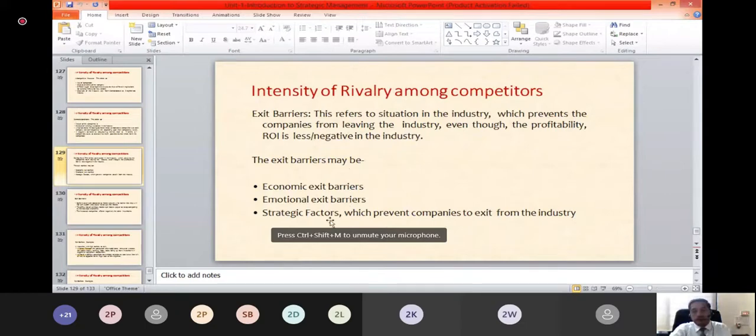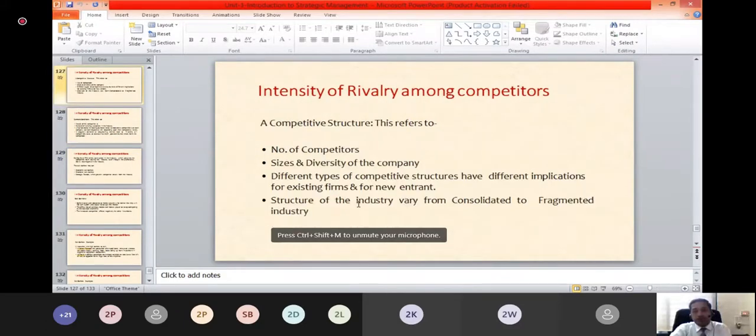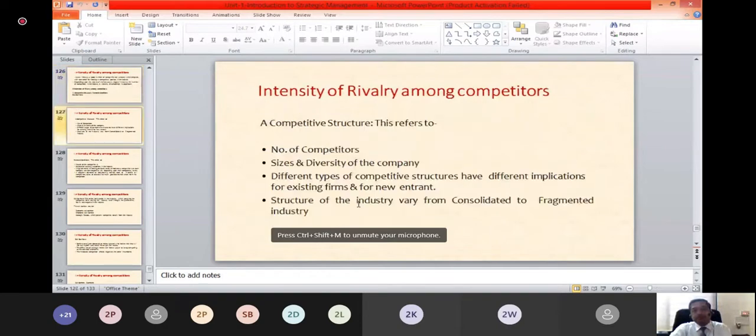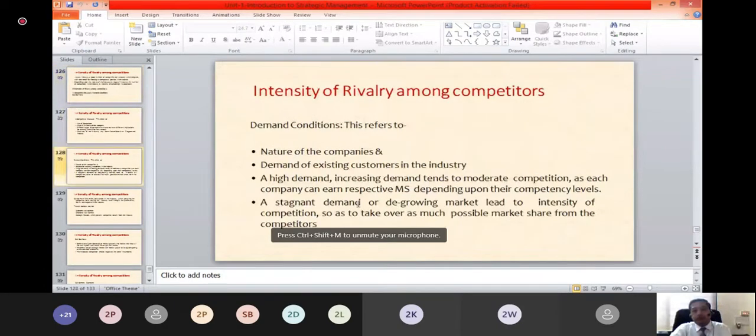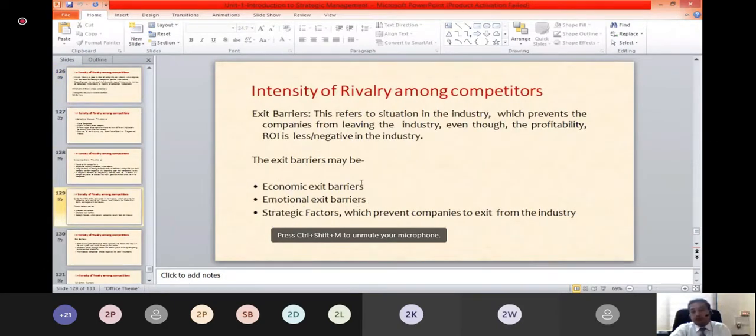Then another thing which we have to discuss is about the exit barriers. How do we protect ourselves from this intensity of rivalry because of competition?